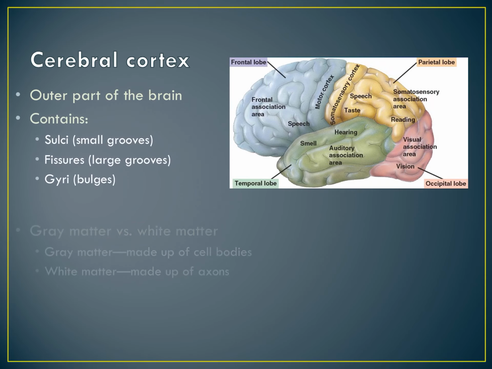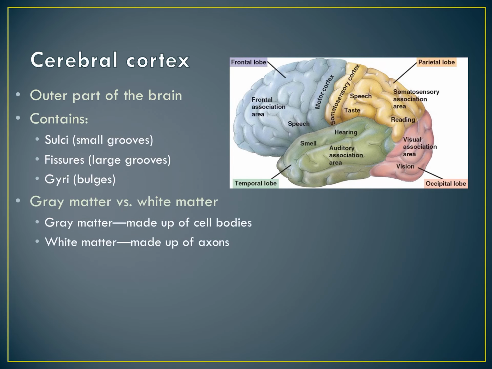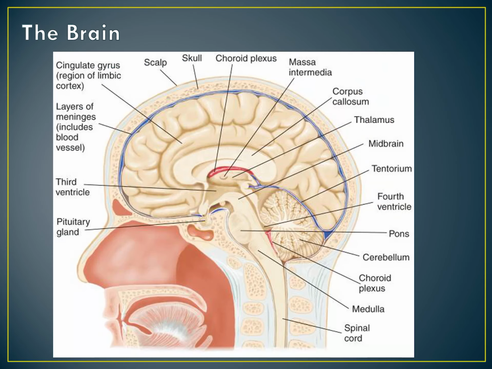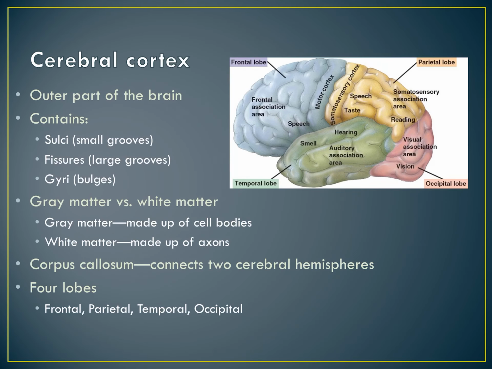Now, this is just a very general overview of the brain so that everybody is aware of the kinds of structures in the brain. The cerebral cortex is the outer portion of the brain, and contains these grooves here where we see the sulci.